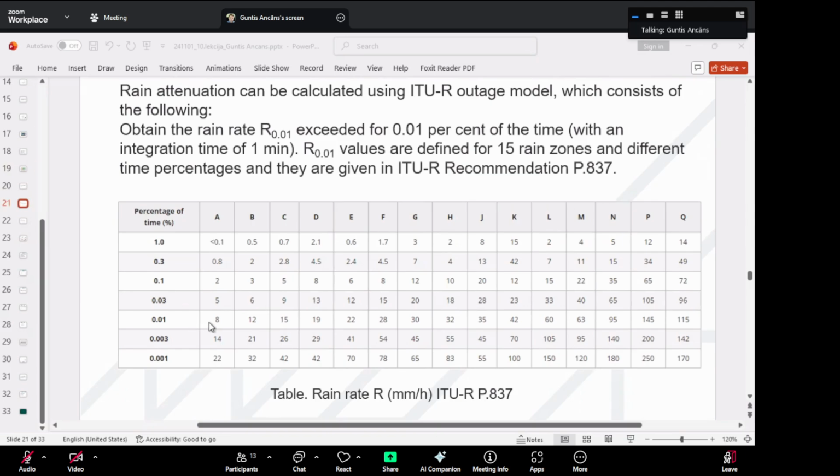Here is this value for E region for different percentages of time. The values are different.